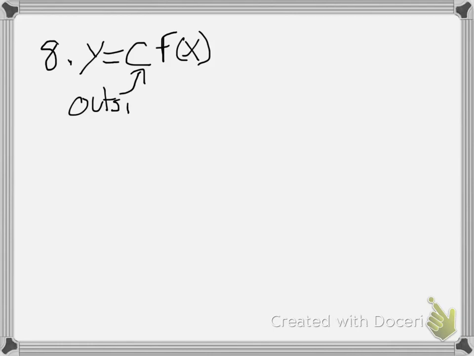In this case, we can now actually leave the letters as C because you are familiar with them. So with number 8, we have y equals some constant C, some number, times f of x. Notice it's on the outside of the function. The C is on the outside of the function, so this affects the y value.